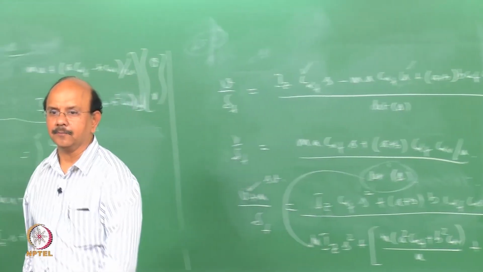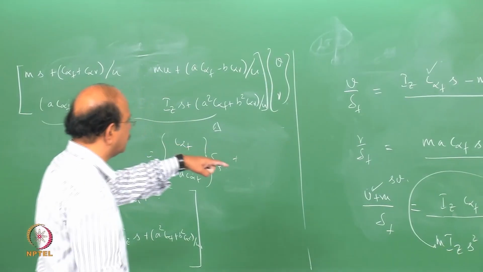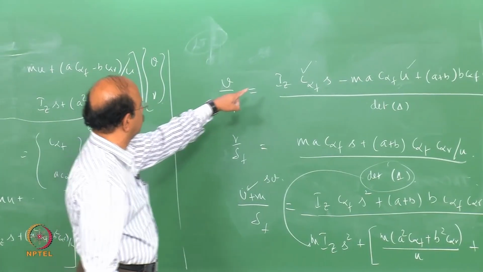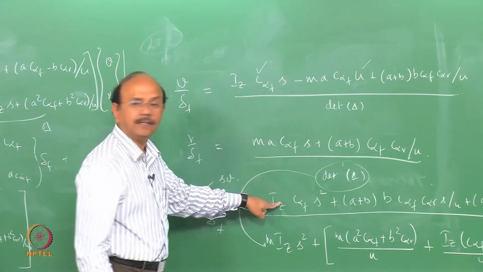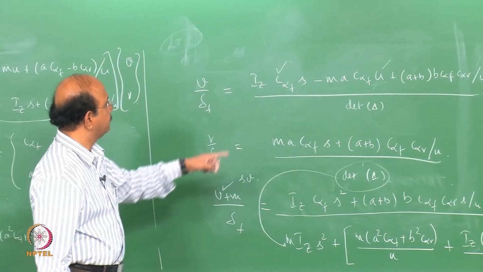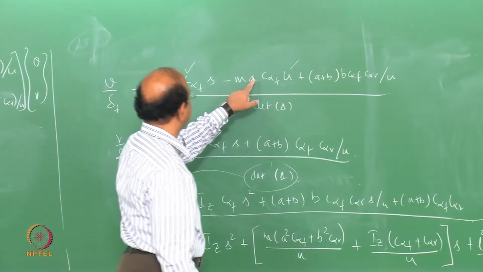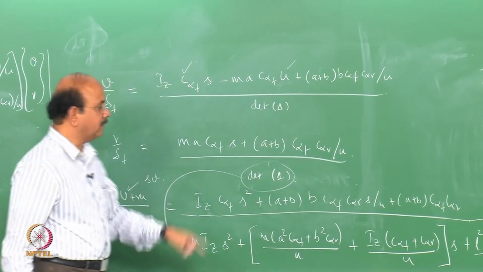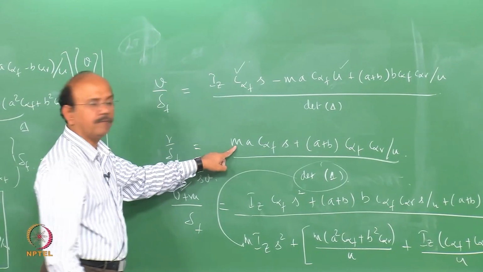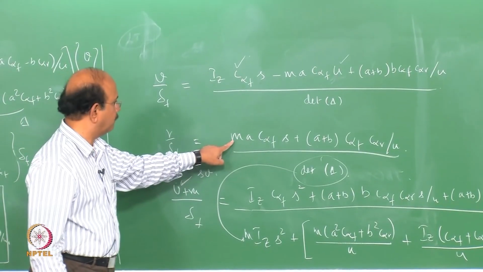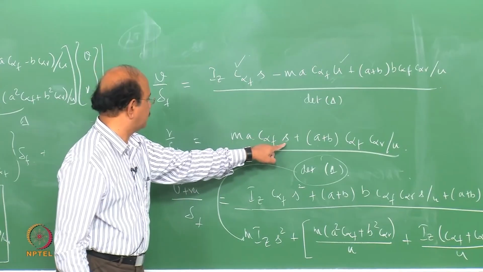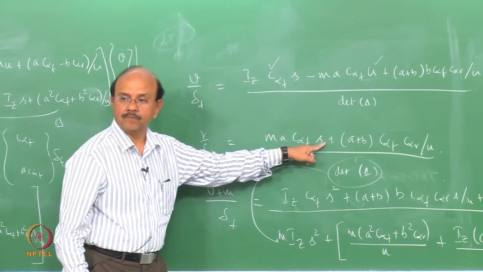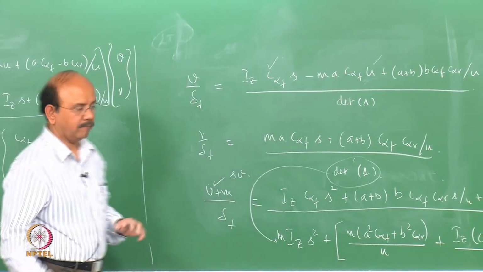All of you are awake and kicking. Good, great. So now you add this, now V dot S, so Iz C alpha f S squared, yeah, that's there. Now this becomes minus A S C alpha f U, right? Because here I have the same thing, M A C alpha f S into U, there will be a U here. So this guy and that guy will go off, right?